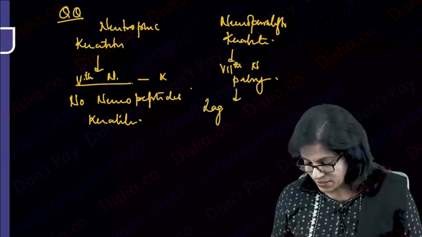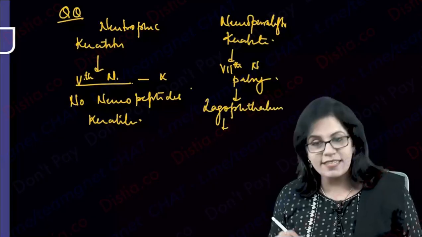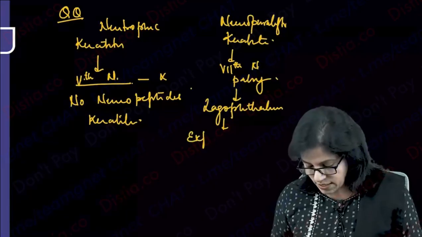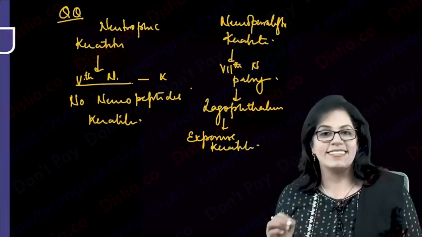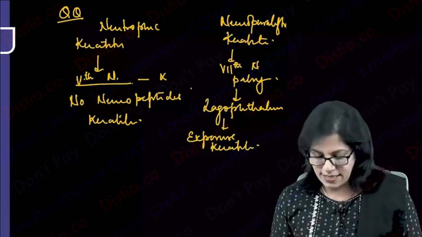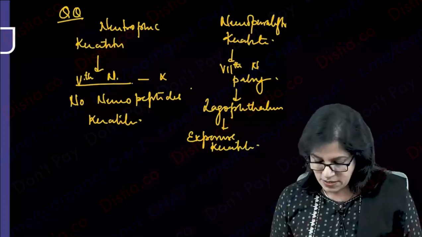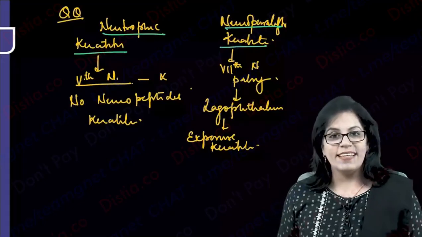Lagophthalmos. Because of that lagophthalmos, what I am going to get here is exposure keratitis. This is the reason for exposure keratitis. So this is neuroparalytic keratitis, and this one is your neurotrophic keratitis. We will keep this in mind.